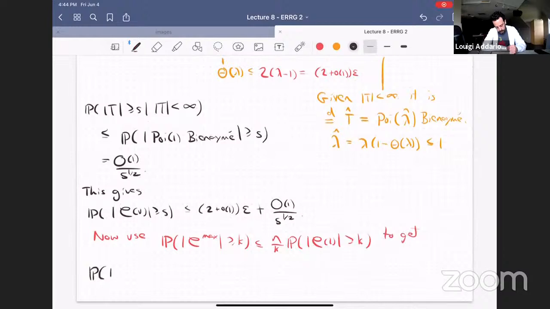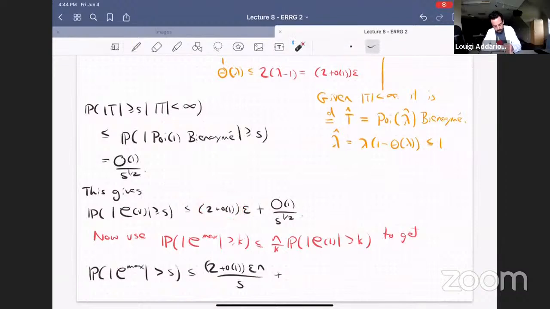So now the probability that C max is bigger than s is at most, we get 2 plus little o(1), and then epsilon n over s. That's the first term times n over s, and then the second term times n over s is order 1 times n over s to the 3/2.